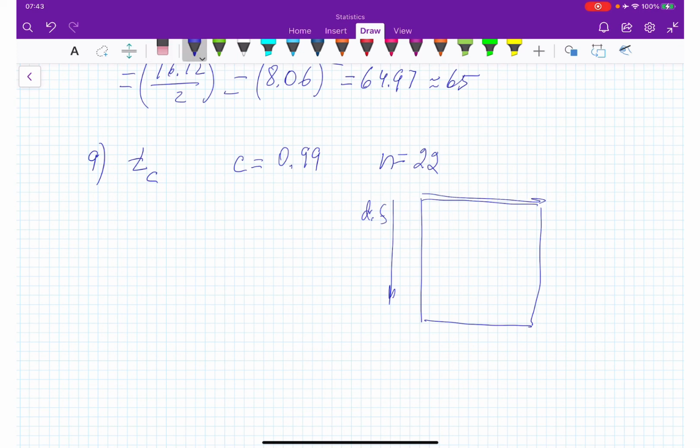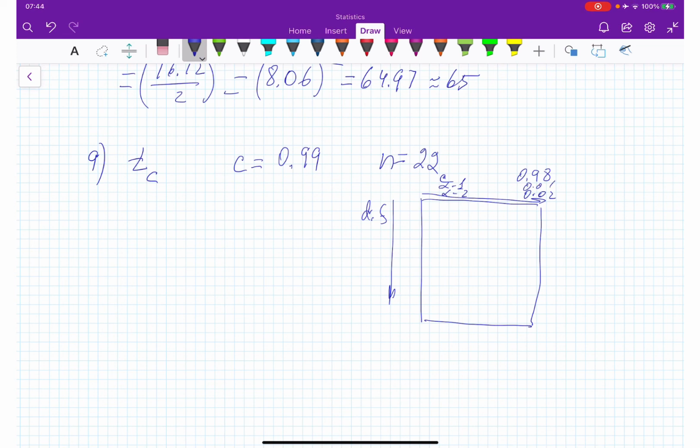Horizontally, you will have either confidence level C, let's say 0.98, or alpha for one tail, and alpha for two tails. Two tail is going to be 0.02 because 1 minus 0.98 gives 0.02, and one tail will be 0.01, half of 0.02, right?